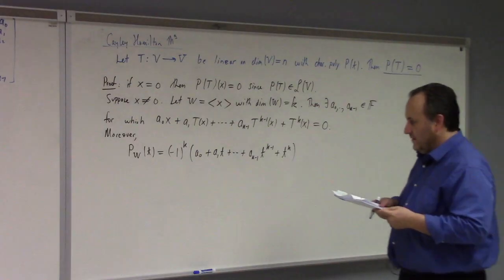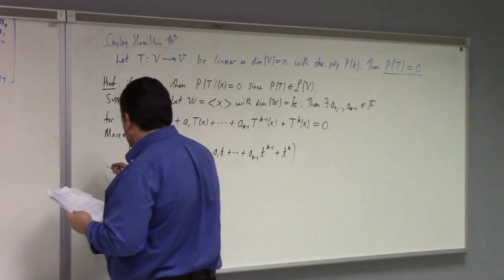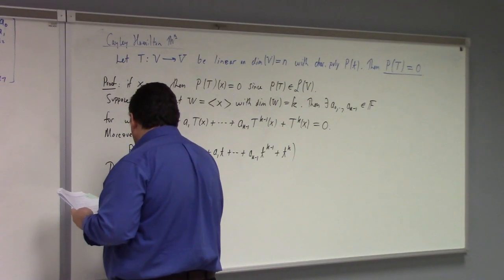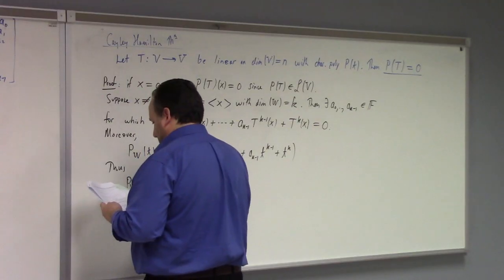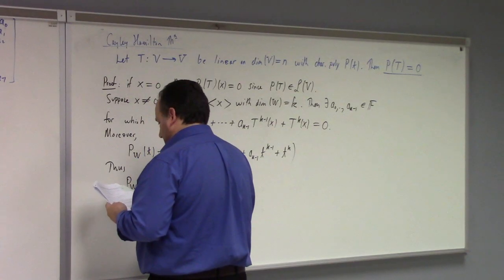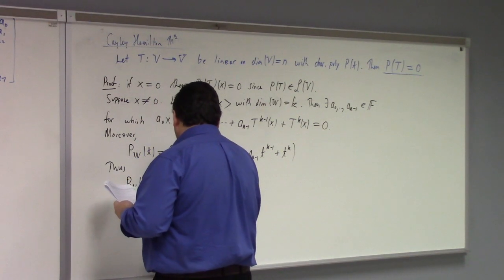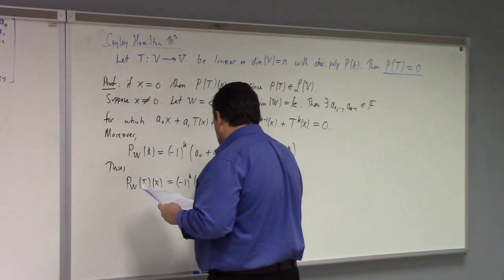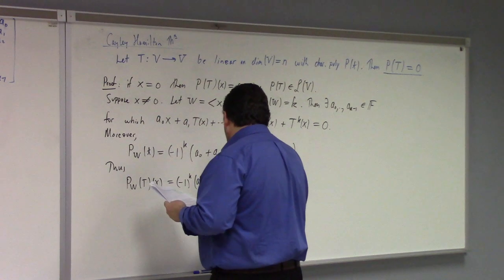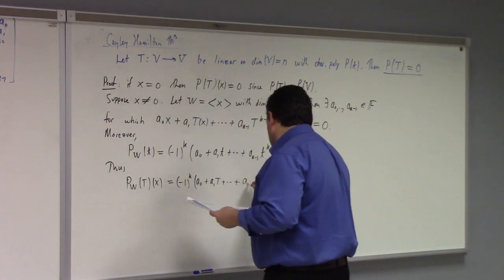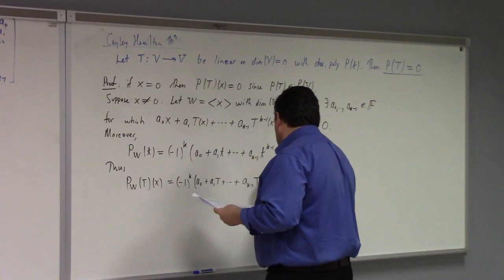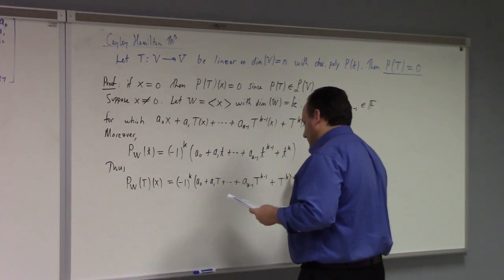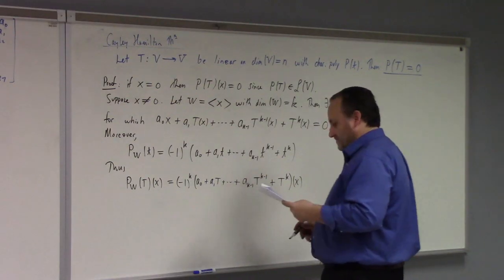All right. Consequently, thus, if we do p sub W of T acting on x, what do we got? We've got minus 1 to the k times (a0 plus a1 T dot dot dot plus a sub k minus 1 big T to the k minus 1 plus big T to the power k), all of that acting on x, right?